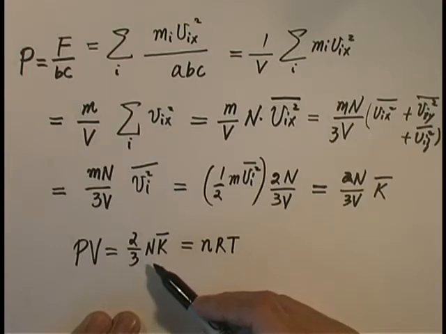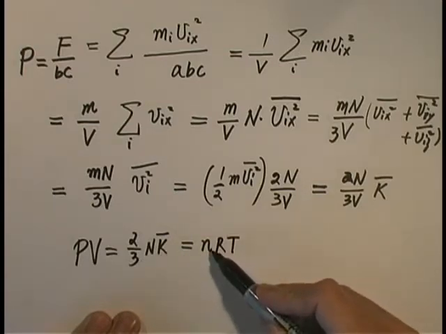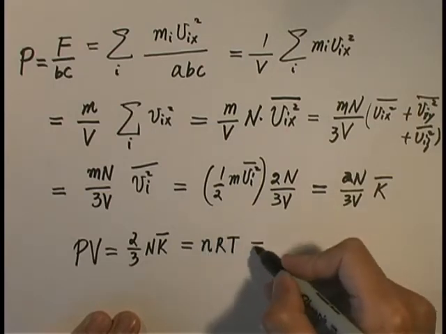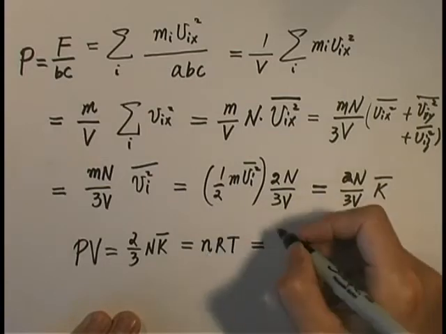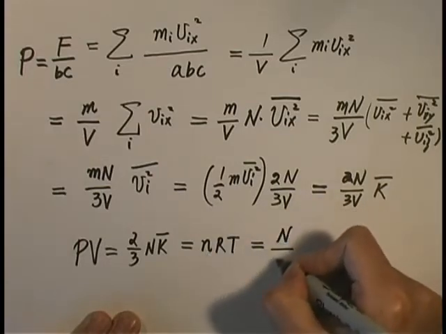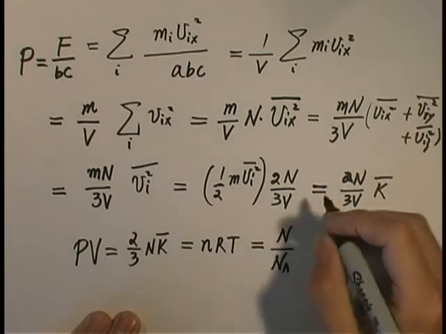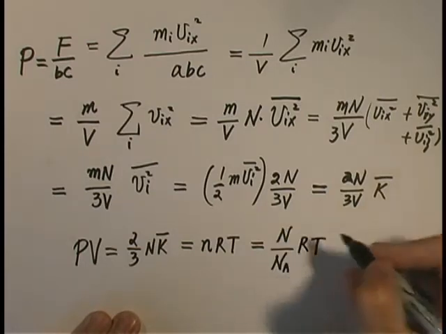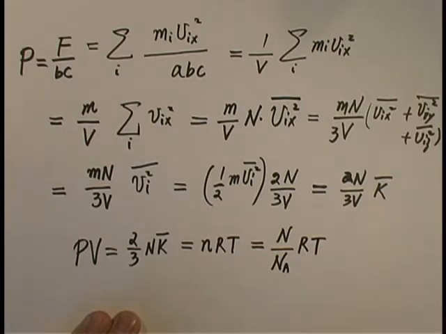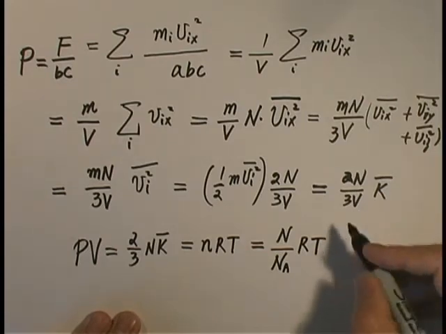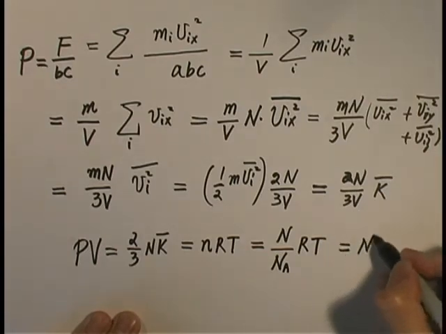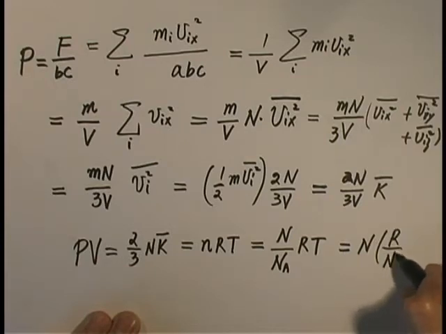Now, how is small n and big N related? Well, this is the number of moles. Each mole has Avogadro's number. So isn't the number of moles equal to the total number of molecules divided by the number of molecules per mole? That's Na, Avogadro's number, right? And then RT. All right. What I'm going to do is single out this combination of R over Na.